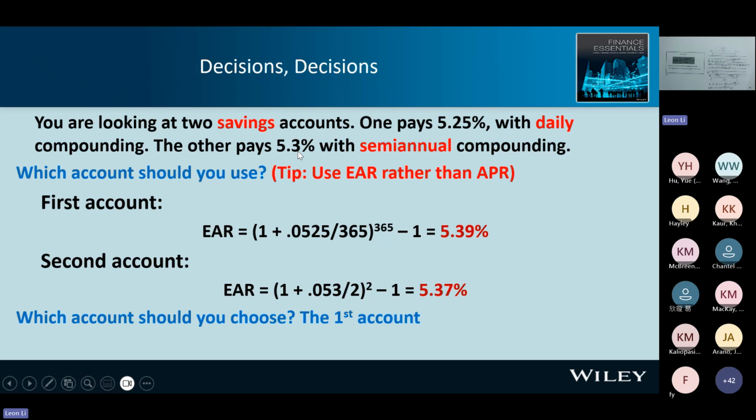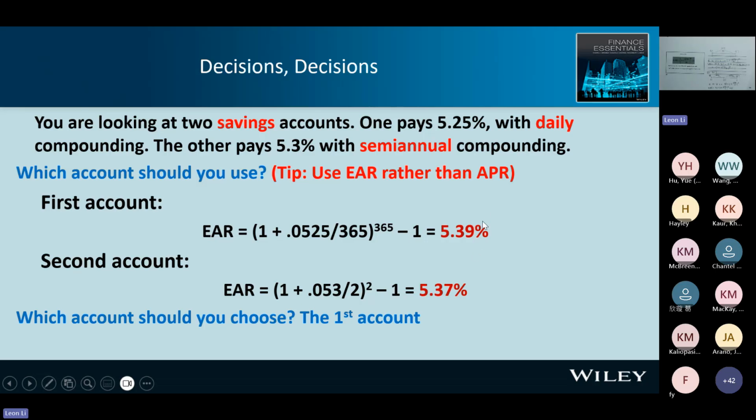You might say 5.3% is a higher return, but please know 5.3% or 5.25%, this is APR. In the market, you can see the APR. That is not EAR, so you have to compute the EAR. And to compute the EAR, you need to consider the compounding frequency. First account, daily. Second account, semi-annual. So we do the calculation. First account, EAR, daily, so you can see the number 365.